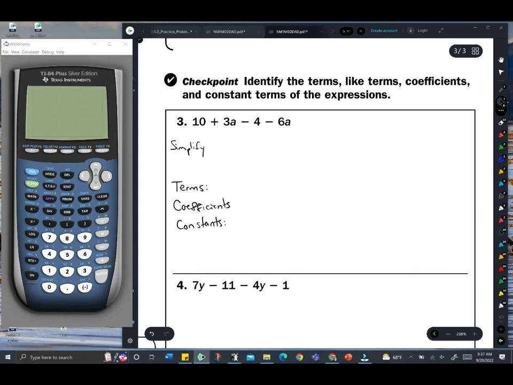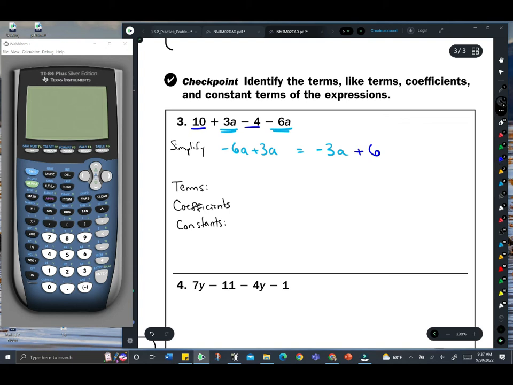So we're going to combine the like terms. Anything that has the same variable can add together. So the a's, I could take negative 6a plus 3a, and that's going to give me negative 3a. The other things that can combine are the constants, 10 and negative 4. 10 plus negative 4 is plus 6.